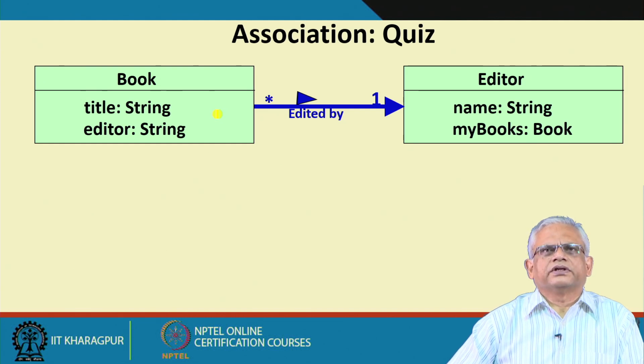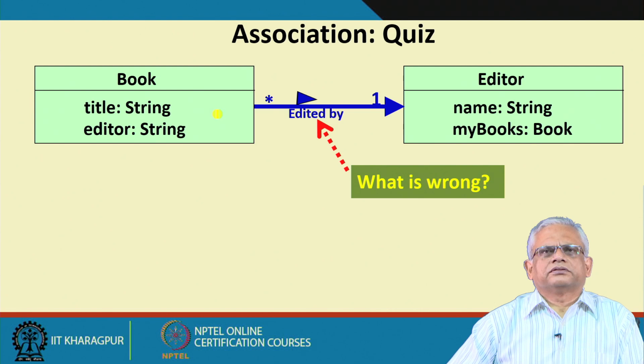We have so far looked at class diagrams involving the association relationship, binary, unary, ternary, and so on. Let us identify what is the mistake in the modeling here, because if we know the mistake, we will not commit those mistakes.